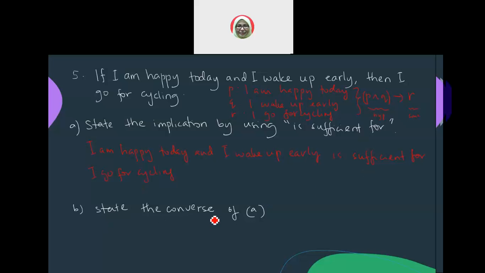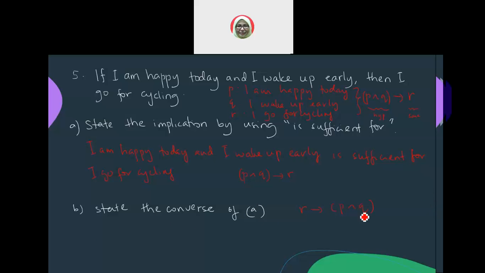So state the converse of A. So here this statement is translated similar to the given statement: P and Q implies R, right? So to write the converse of A, the converse should be R implies P and Q.